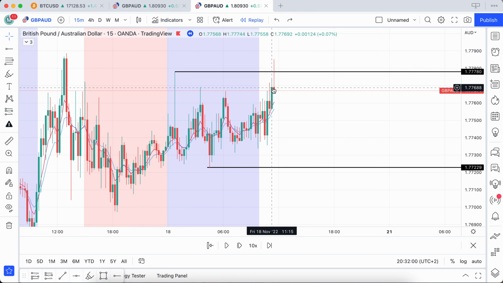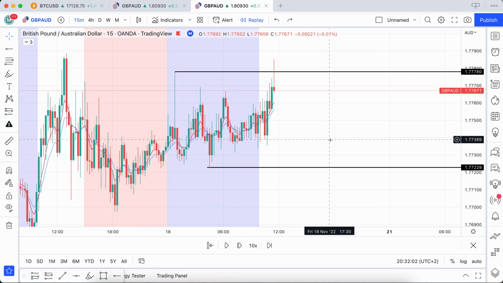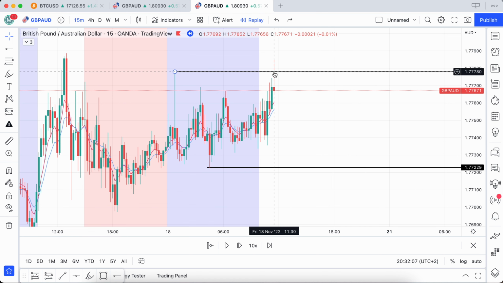This is a rejection, but it does not fulfill our entry point, because yes, we had an Asian session high retest and rejection, but we haven't closed above the session high with a body, and we are not below both of the EMAs, which means that there is no entry, there is no trade. It's basically just a random candlestick that rejected the session high, which is interesting, but there is no entry that actually makes us excited to go for a position.